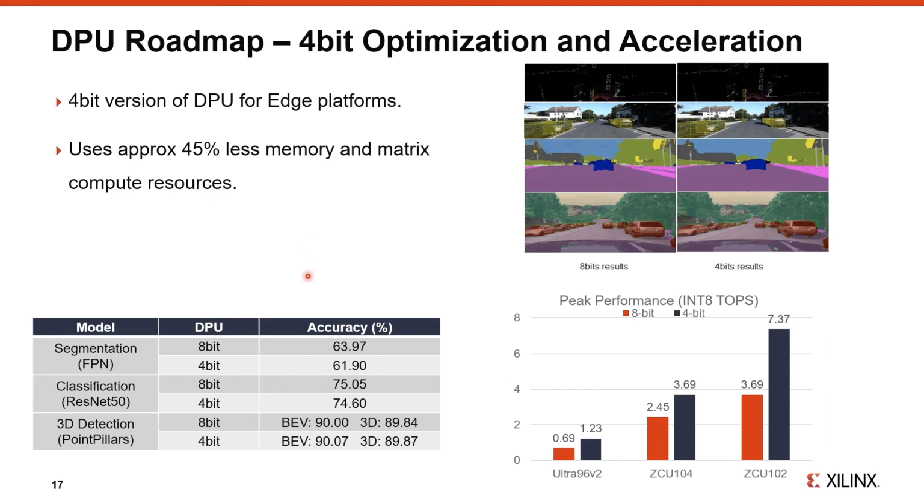Especially in the ADAS and autonomous driving space, we're being asked by our customers to give them the maximum performance possible with the minimum power envelope and at minimum cost. And what we've done is come up with a 4-bit DPU. Naturally, it has half the number of bits, so this basically gives us almost half the memory that's required and half the compute resources that are required. Those are very often precious resources, and you often run out of these quicker than you run out of general logic.